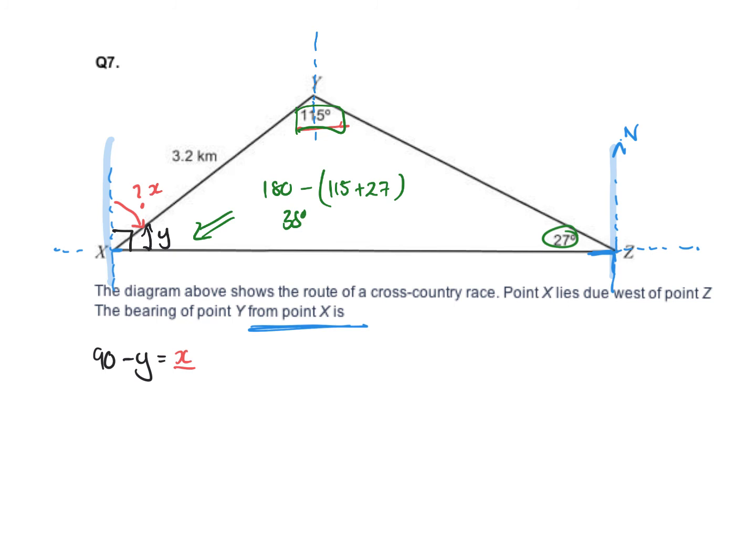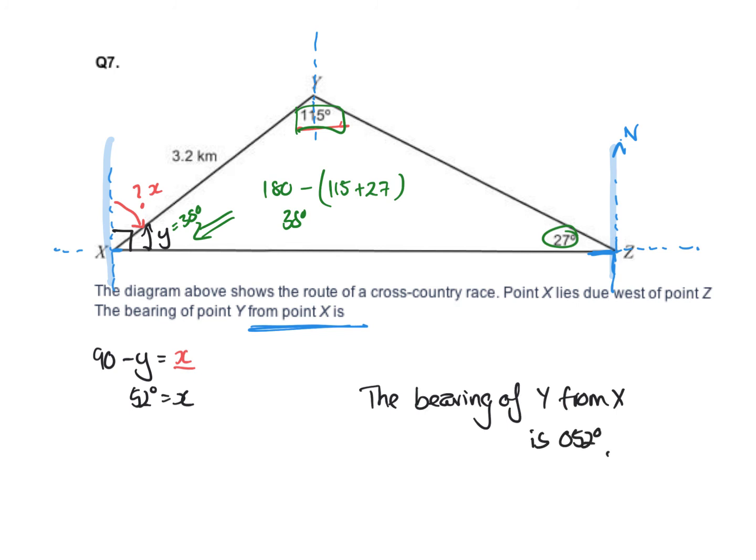So Y equals 38. So 90 minus the 38 equals 52. So 52 degrees equals X. So what is the bearing of Y from X? It is 052 degrees. Okay, so there's that one.